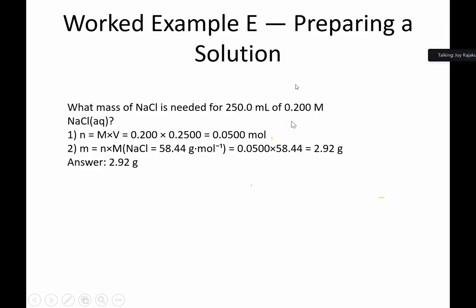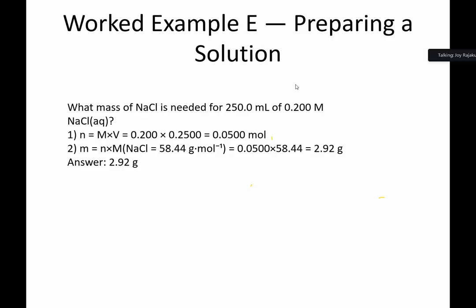To achieve this concentration, we need 0.05 mole of sodium chloride. If we know we need 0.05 mole of sodium chloride, now you know how many grams you have to weigh for that.